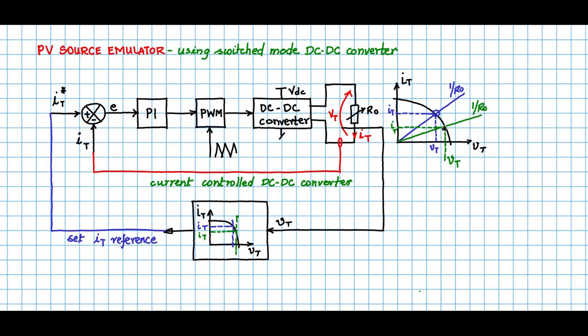So in this way, for any value of R0, this converter will track the IT, and in that way give you an IV characteristic, the IV characteristic as we have loaded into this lookup table. So this lookup table is crucial.